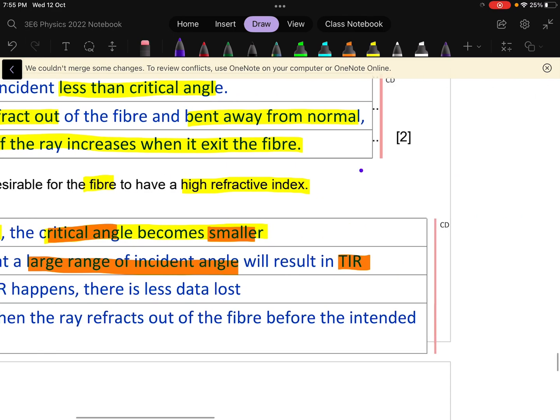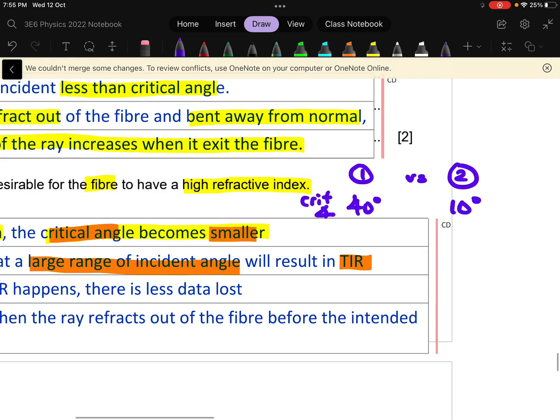So for example, if I have two cases, case 1 versus case 2, if now my critical angle for case 1 is, let's say, 40 degrees, and my critical angle for case 2 is 10 degrees, it means that if I have an angle of incidence that is, let's say, 12 degrees, right?